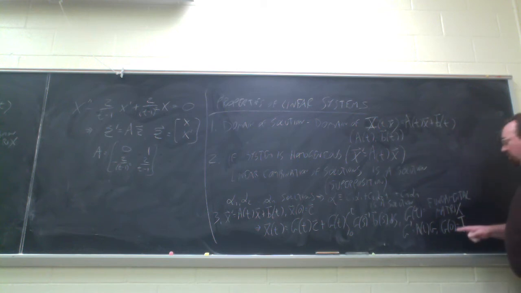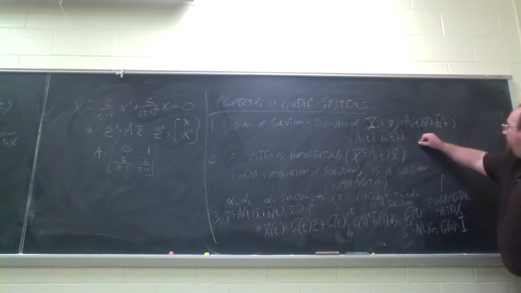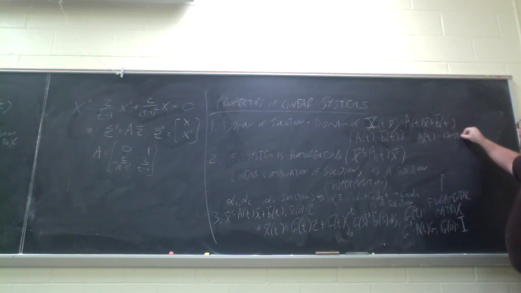So one well-known example that's very important is, if A of t is constant everywhere, then the fundamental matrix is simply the matrix exponential of A. So in that case, we know what it is. But if the coefficients of your system are functions of t, if they're variable, then in most cases we cannot get an explicit formula for this, which is quite unfortunate.